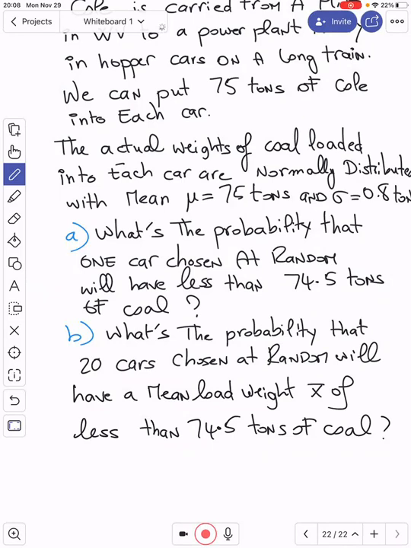So let me just say, guys, here the difference between A and B. In A, that's just one car chosen at random, which will have less than 74.5 tons of coal.